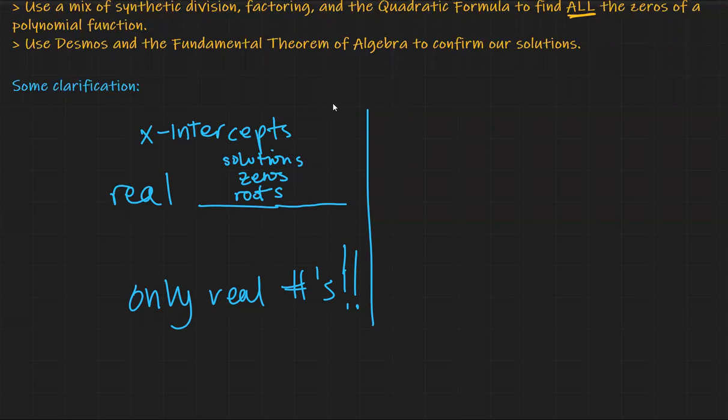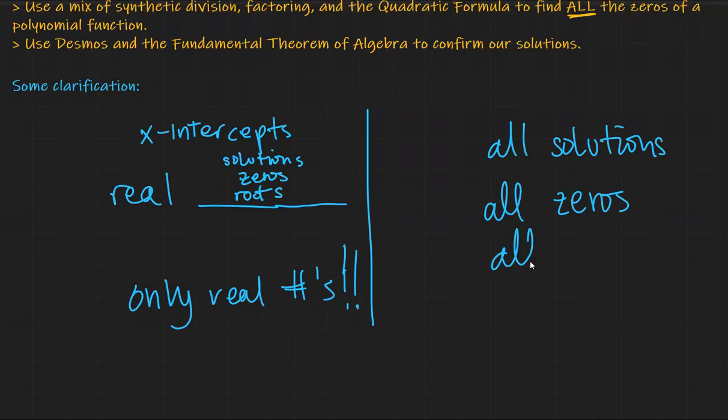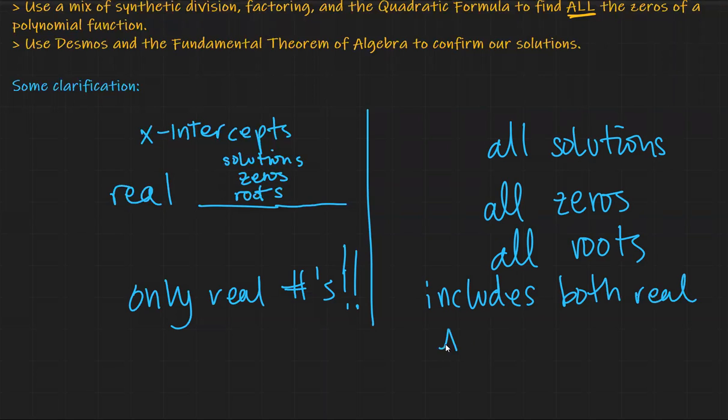It's really up to you to determine whether or not it's just going to be real, versus if I ask you just to find all solutions or all zeros or all roots, right? If I ask you any of this right here, then that includes both real and complex values.